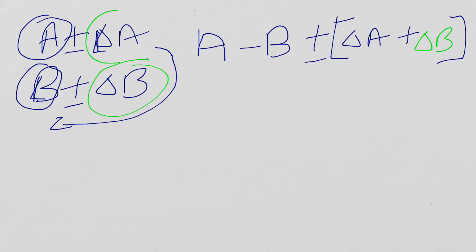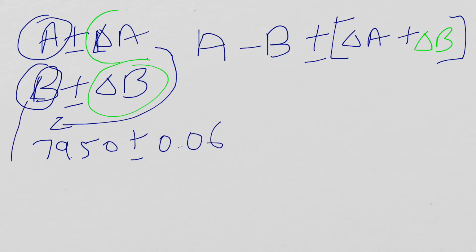Height 2 is 76 and height 1 is 79. So we will write A plus or minus delta A, which they have given as 79.50 plus or minus 0.06, and this B plus or minus delta B, second, they have given as 76.30 plus or minus 0.07.